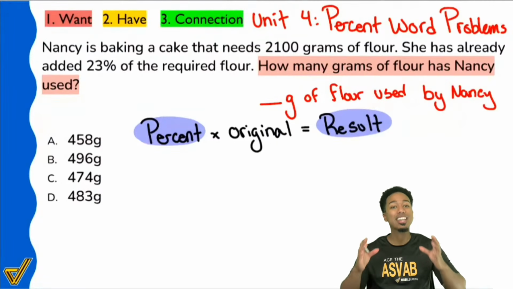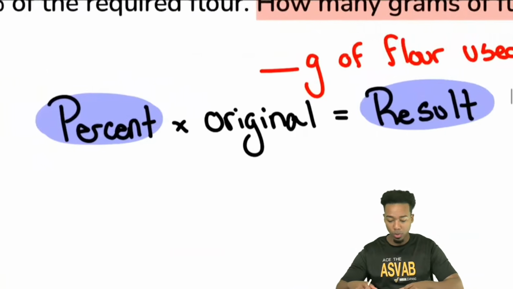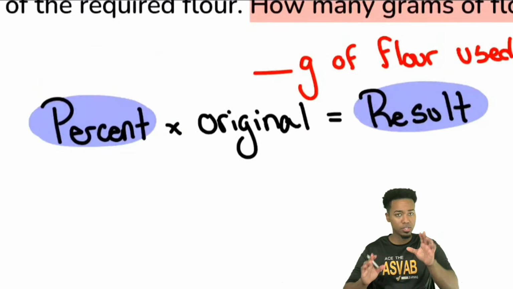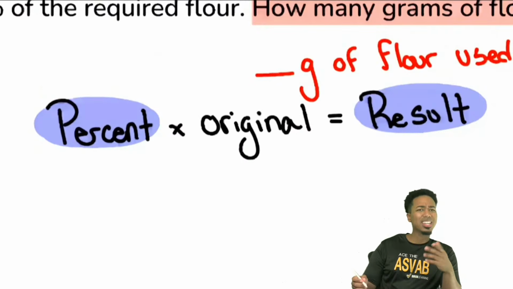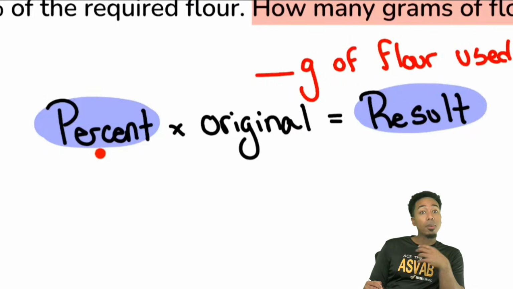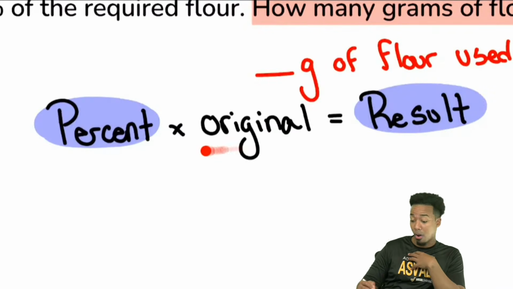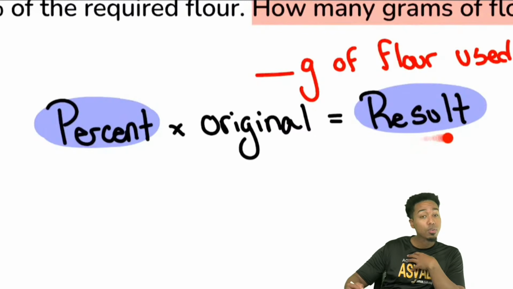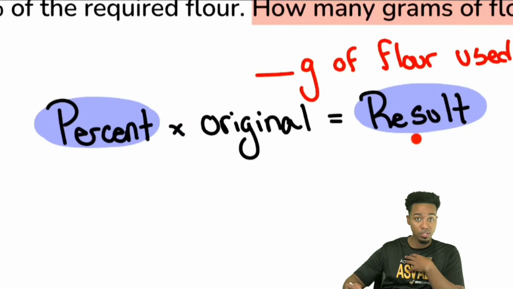So for example, everybody, let me take you through a couple of different scenarios, not just the one that we're doing right now. So pay attention real quick. Let's suppose that I said, hey, 20% of the money that I get every month is rent. So if I took 20% of all the money I make, whatever number this is, if this is $800, well, then my rent is $800.